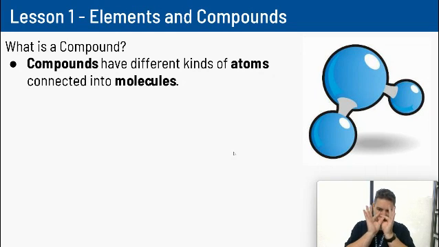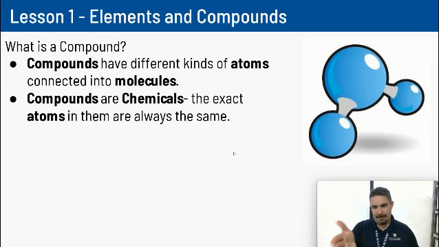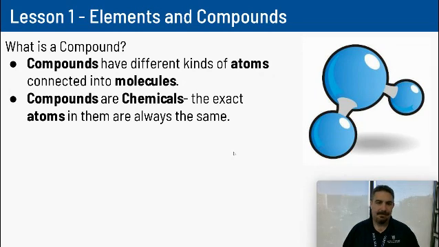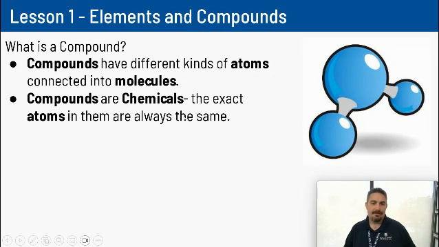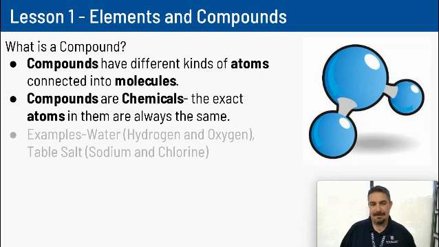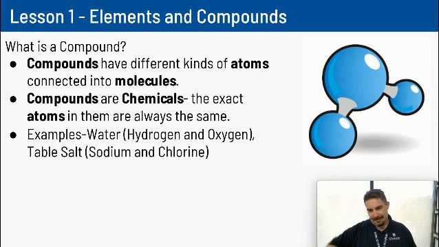Just each little tiny unit that is the connection of things. So over here we can see this molecule has 3 atoms in it. And now, compounds are chemicals. The exact atoms in a compound are always the same in a molecule like this, right? So water here is being displayed on your screen, hydrogen and oxygen. Table salt, the salt that you eat, is sodium and chlorine, or chloride, put together.